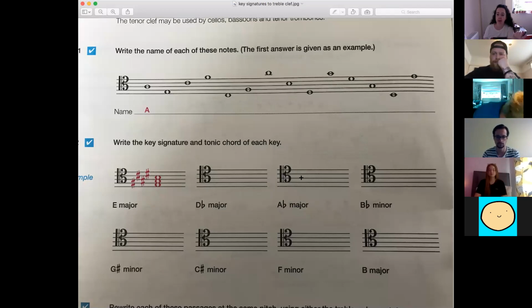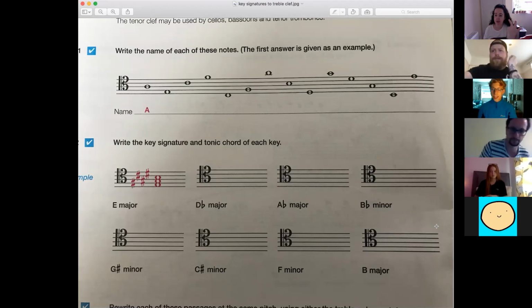So let's try a major one then. If we're in A flat major, oh no, we've done the major. Let's try a minor one. So if we're in B flat minor, which is this one, we want to find the relative major from B flat. So we've got to count up 3 on the keyboard. So what would that be then? So we'd have B flat, B, C, D flat.